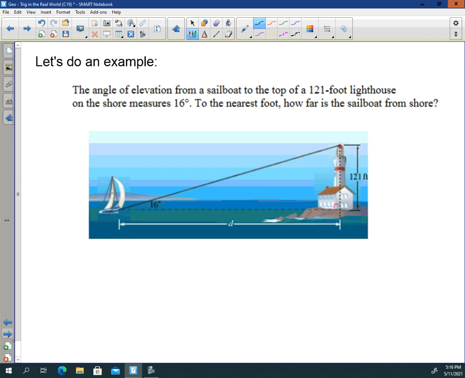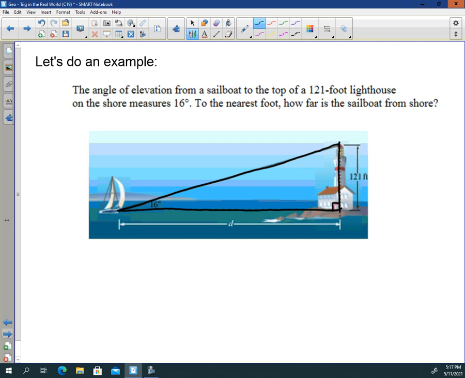Sailors know trig so that if their instrumentation goes awry, they can still keep their boat off the rocks. Anyway, it amounts to a right triangle. Do you see this? We've got a right triangle between the lighthouse and the boat, the angle of elevation up to the top of the lighthouse, and then the height of the lighthouse itself is a right triangle. And so we can use right triangle trig.